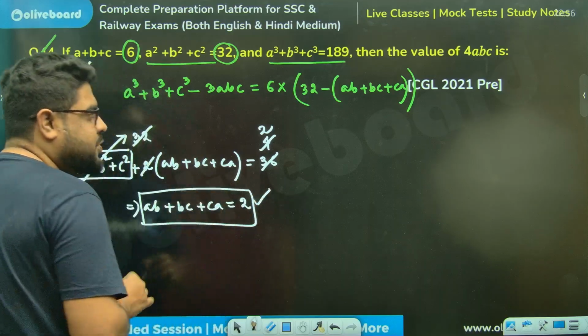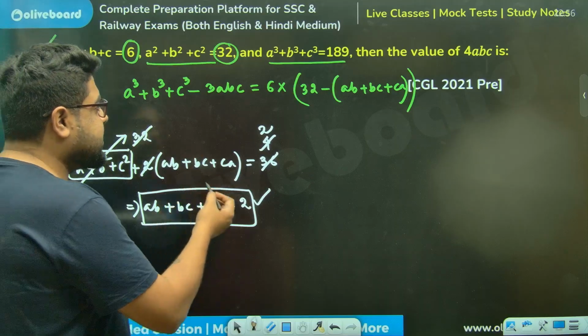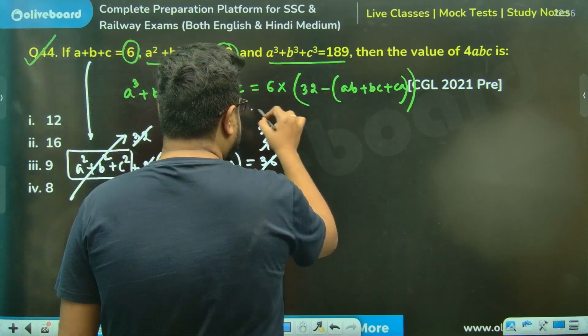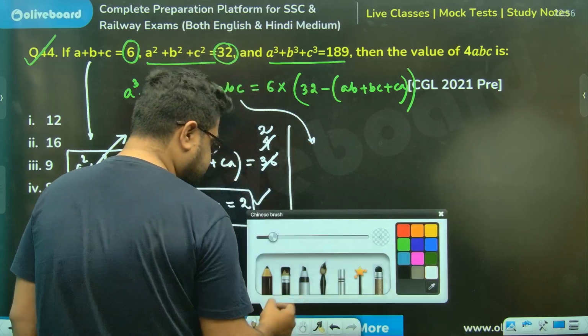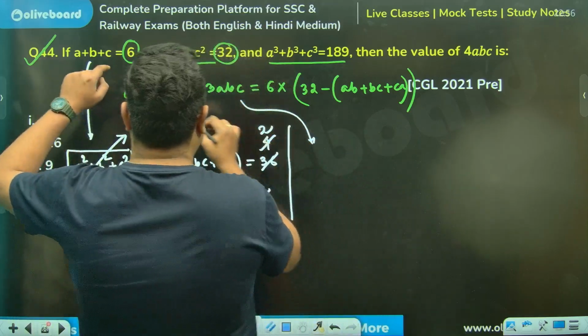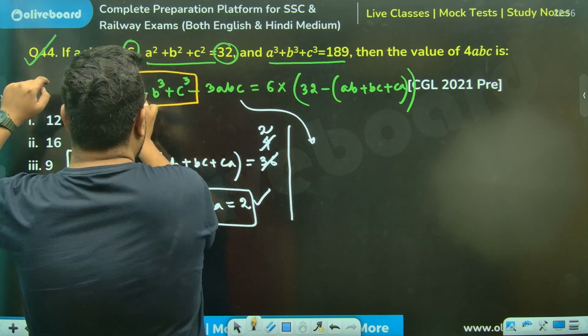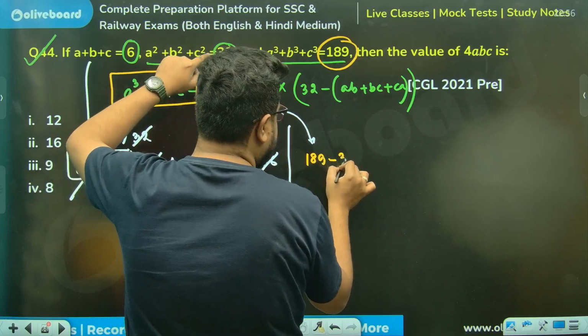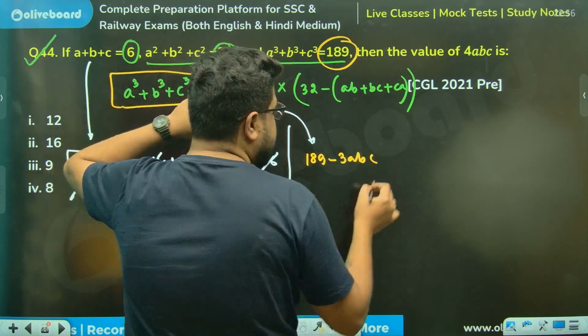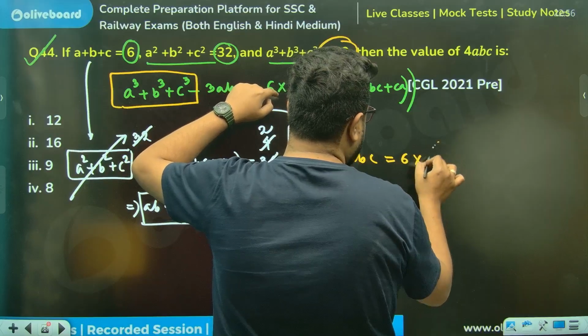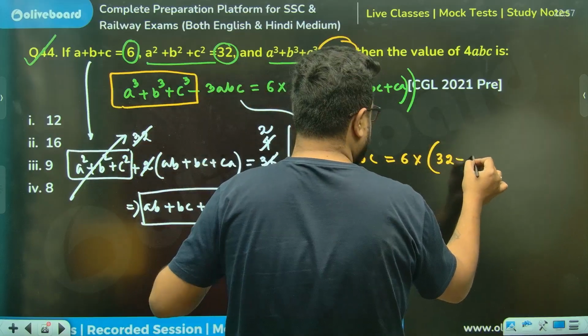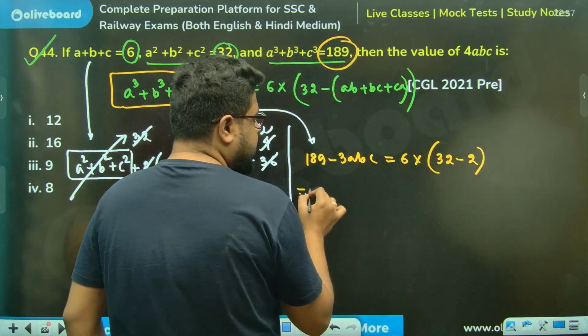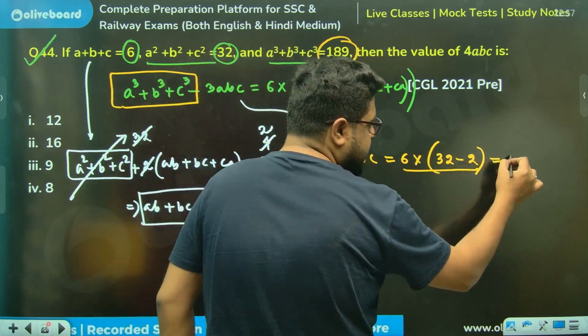Now, if you understood this much, put this value over here and you will get to this. You see? Sir, a cube plus b cube plus c cube, that is 189. Write it down. Minus thrice of a into b into c is equal to 6 into 32 minus 2. That means 30, that is 180, sir.